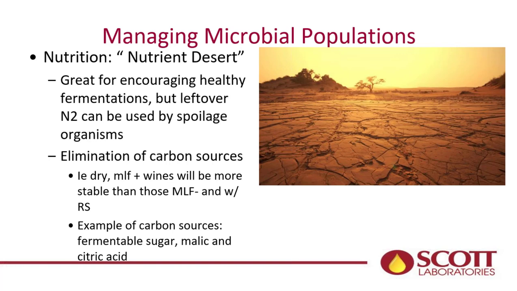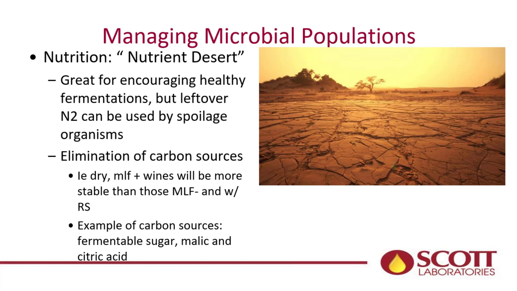Again, to reiterate, if you have leftover nitrogen that the selected yeast and bacterial strain that you have used to do your primary and secondary fermentation didn't use, then it can be used by other spoilage organisms. Additionally, you want to try to eliminate the carbon sources. So this gets into wine style.